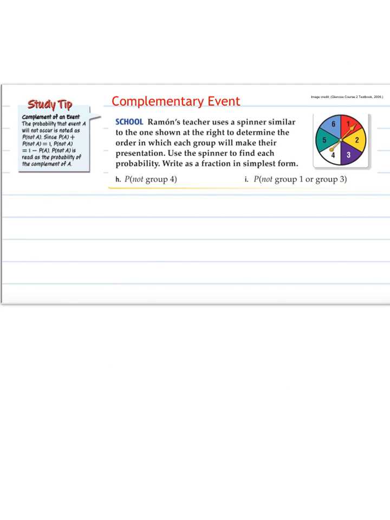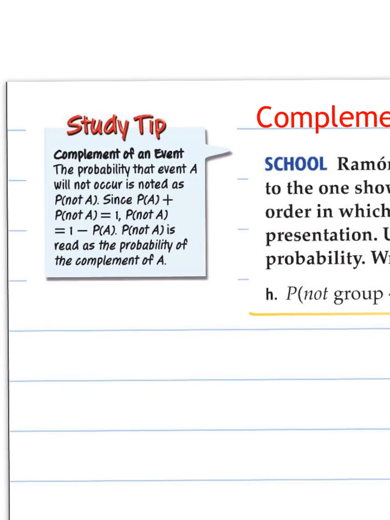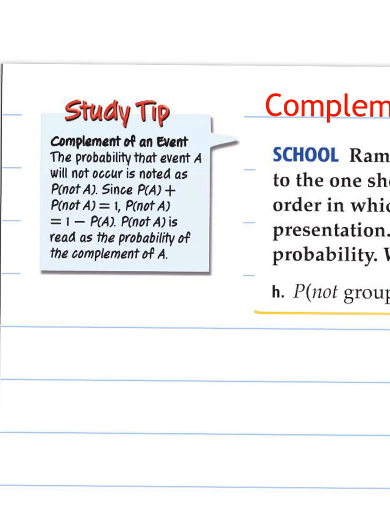All right, so here we are looking at complementary events. Let's just take a quick look at this study tip here. Complement of an event. So the probability that event A will not occur is noted as probability of not A. Okay, so that would be like if we were rolling a die, we could say the probability of not rolling a 2.